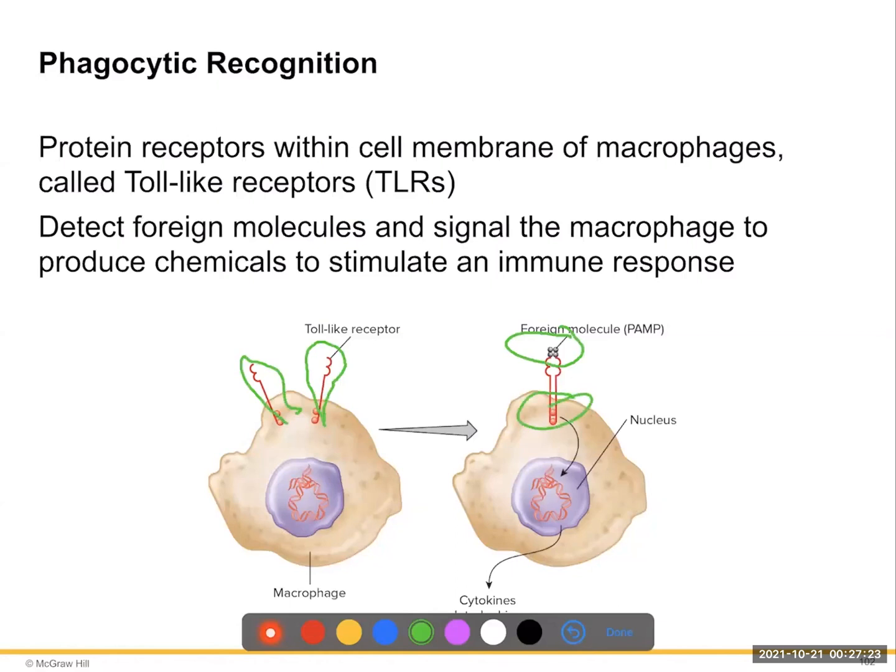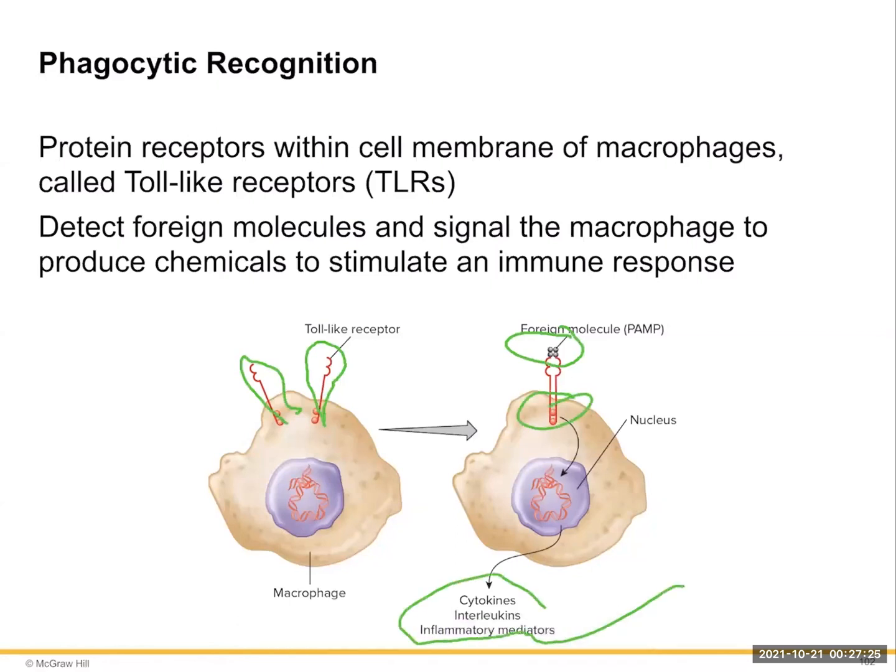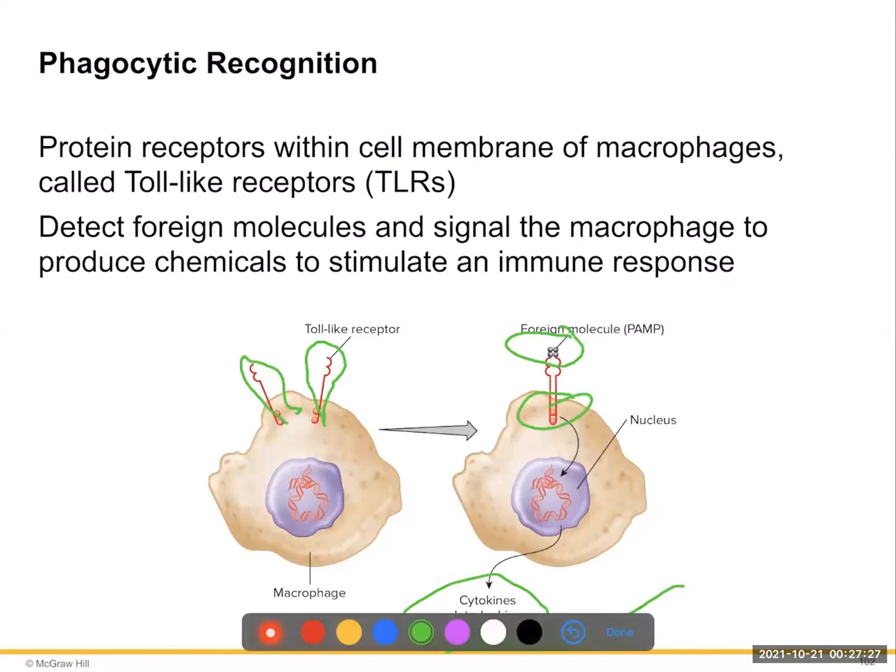This responds to different cytokines, interleukins, and we get inflammatory mediators responding. So it activates our macrophages, and you start to destroy it. Protein receptors on cell membranes of macrophages, like the toll-like receptors, detect foreign molecules and signal the macrophages to produce chemicals to stimulate an immune response.